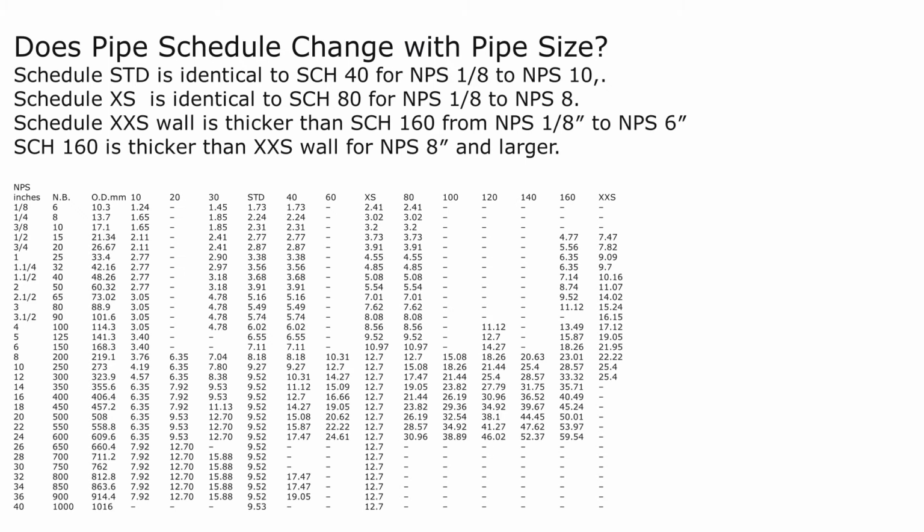Schedule double extra strong wall thickness is thicker than schedule 160 for nominal pipe size 1/8 inch to 6 inch, and schedule 160 is thicker than double XS wall thickness for nominal pipe size 8 inch and larger. This is very important information to keep in mind, and you can check it in the table below, which is an extract from the standard.